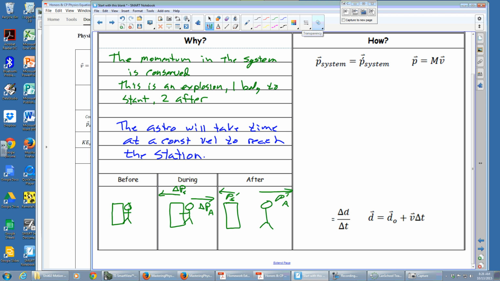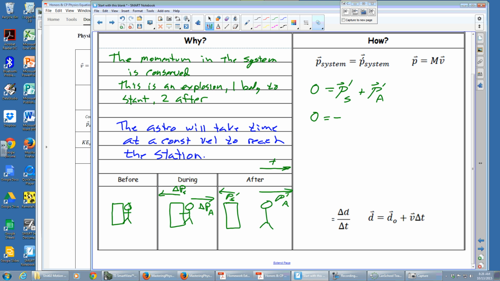So momentum of the system beforehand, 0. That equals the momentum after of the satellite plus the momentum after of the astronaut. And those are in opposite directions, right? So I could say, which way do you guys want to call positive? The way the astronaut moves or the way the satellite moves? Astronaut, okay. So we're calling that direction positive.